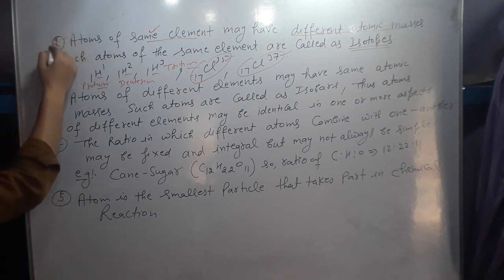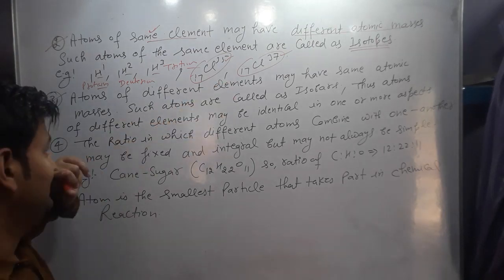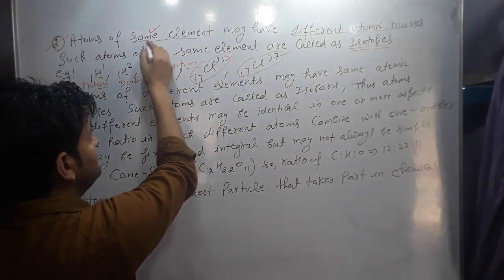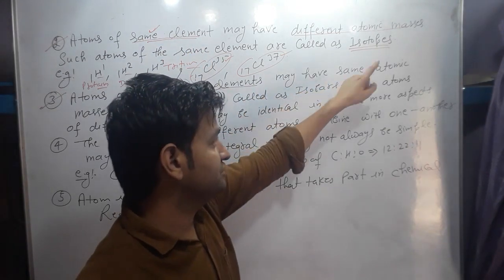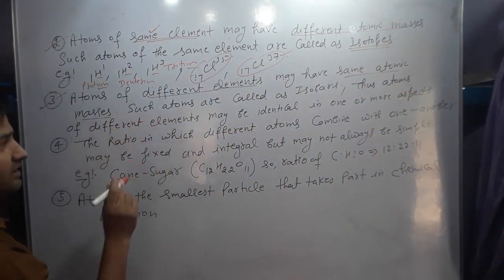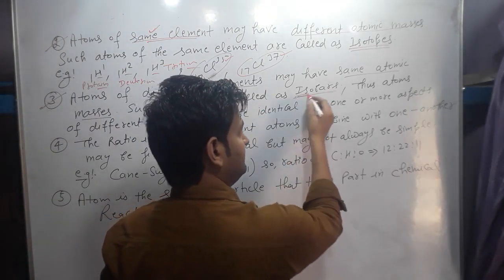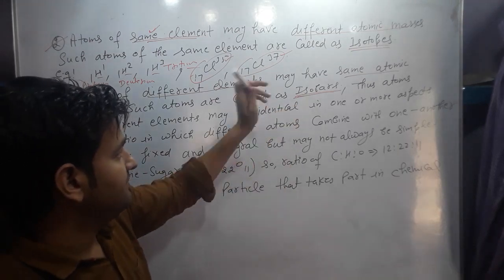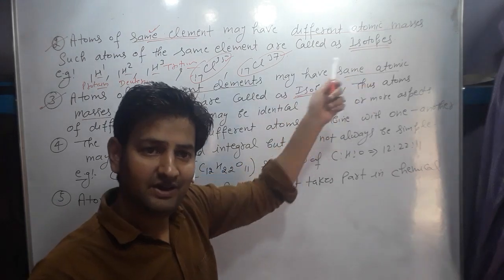Third point of the modified Dalton atomic theory is atoms of different elements may have the same atomic mass. Such atoms are called isobars. It is also an important term. First term is isotope, second term is isobar. Means atoms of different elements which have the same atomic mass.